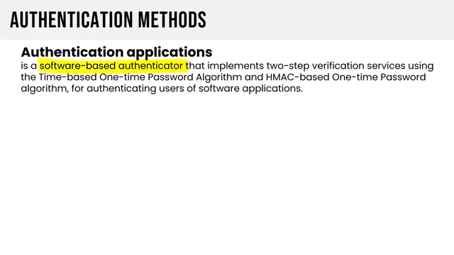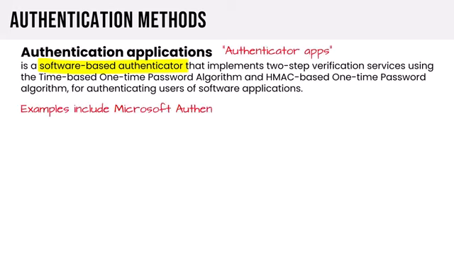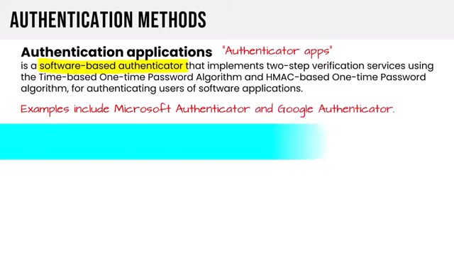So it's a software-based authenticator. It implements two-step verification services using the time-based one-time password algorithm and HMAC-based one-time password algorithm for authenticating users of software applications. That's the Authenticator app. And we know Microsoft Authenticator and Google Authenticator are really just 2 of many.